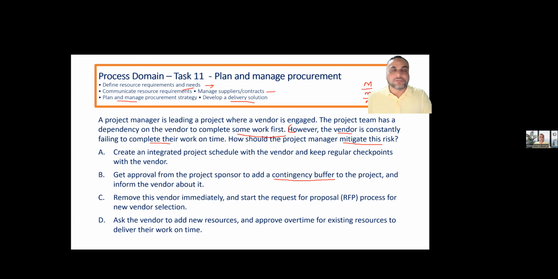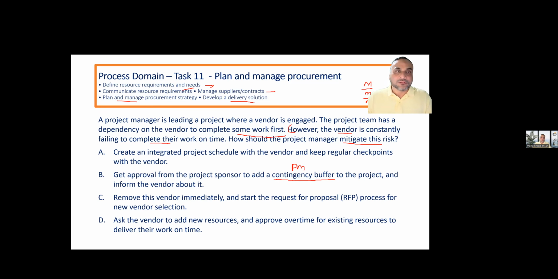Contingency reserves are under the project manager, or do you need approval from the sponsor? Contingency reserves are under the umbrella of the project manager. For management reserve, it goes to the sponsor.